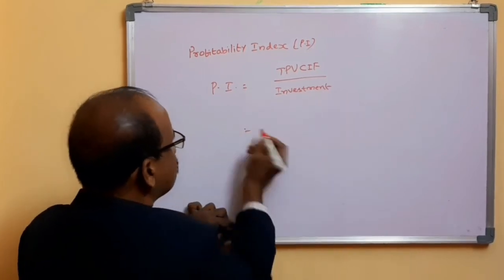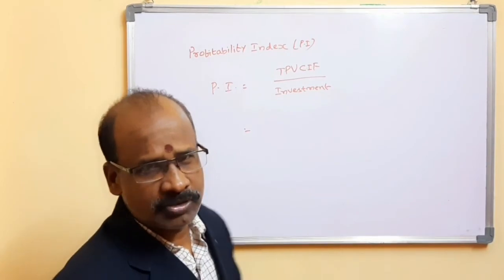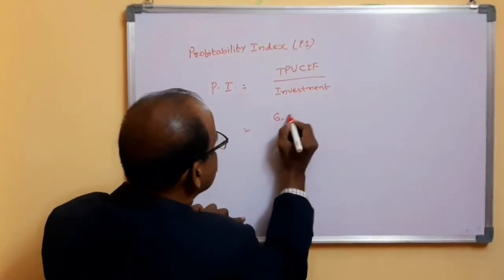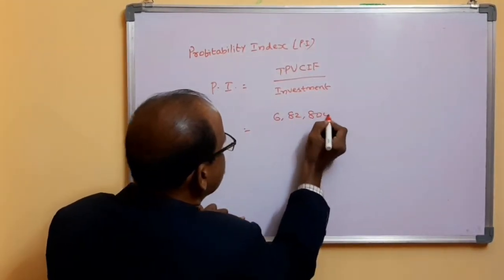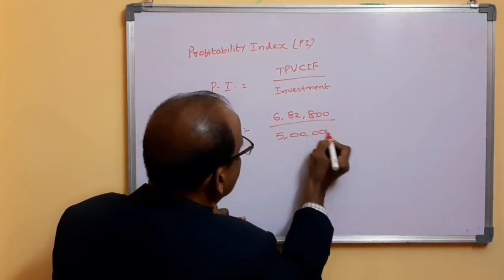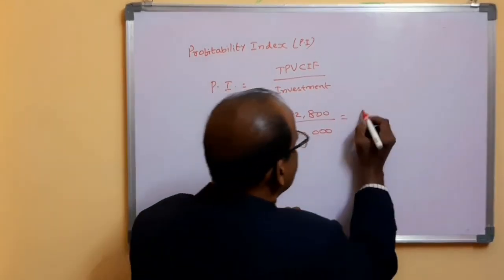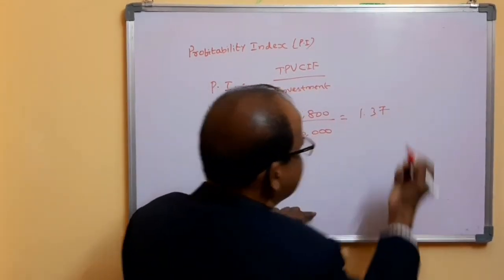In this problem, total present cash inflows are 6,82,800 by investment 5 lakhs. If you simplify, we get 1.37.